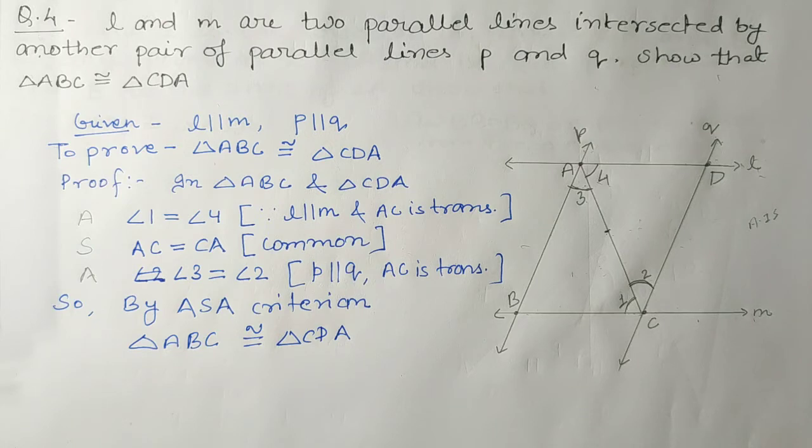In this type of criterion, two angles and one included side are equal, and by this method we can show that the triangles are congruent. Just pause the video and note it down.